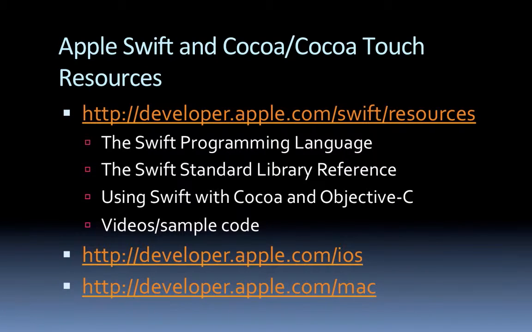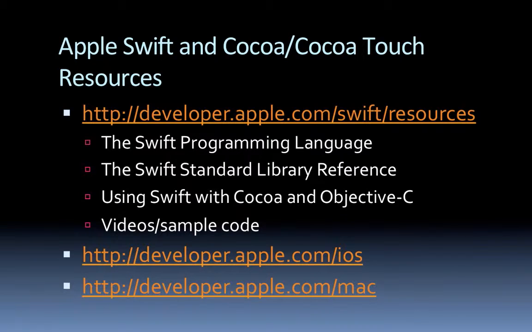Not only does the book talk about general interactions with the Cocoa and Cocoa Touch libraries, but also if you have already existing Objective-C code, it talks about how you can integrate your Objective-C code with the new Swift code that you're writing. There are also various videos and sample code on that site that you can learn from.